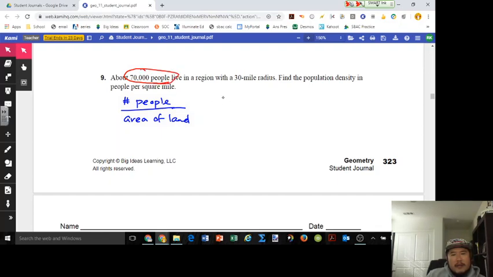So we'll plug that in right here. The area of the land we need to figure out because they give us a 30-mile radius. So the area of the land will be pi times my radius of 30 squared. So that right there will be the area of the land.